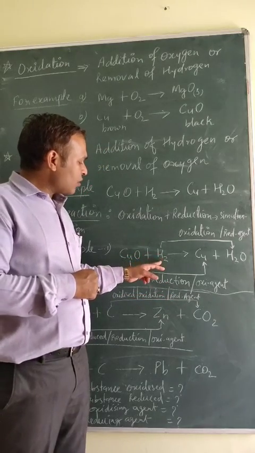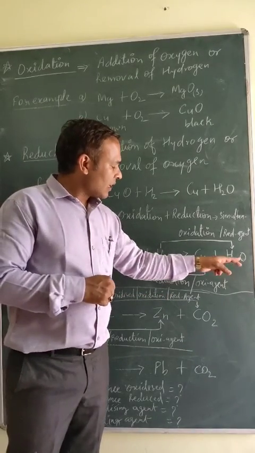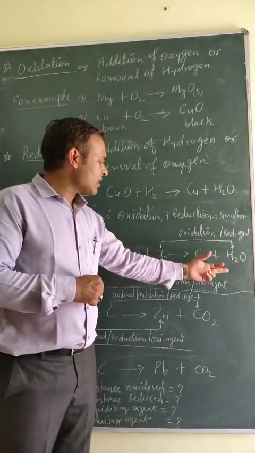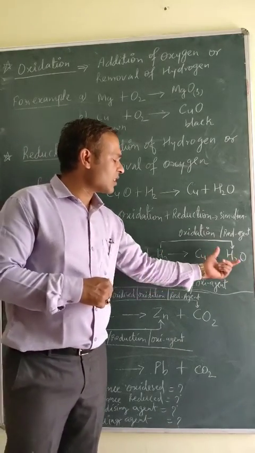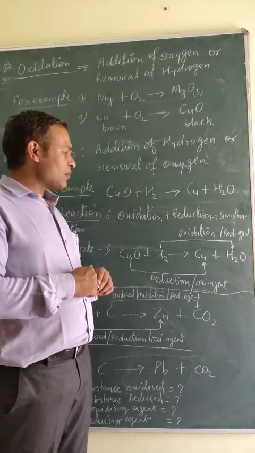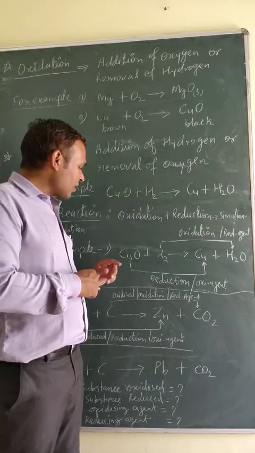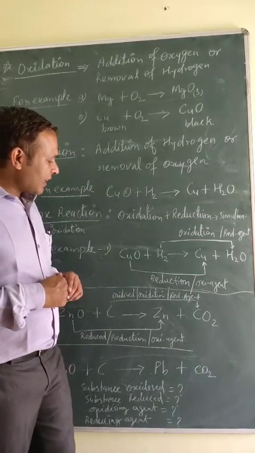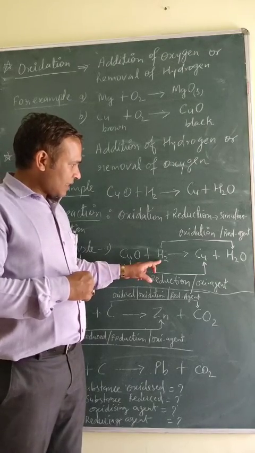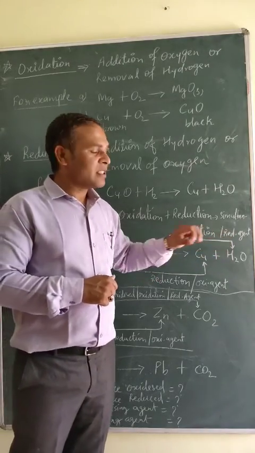Similarly, hydrogen is converted into water and adds the oxygen. So here we can say the oxidation of hydrogen is taking place. The substance which is oxidized is hydrogen. The substance which is reduced is copper oxide, right? And the substance which is oxidized is also referred to as the reducing agent.